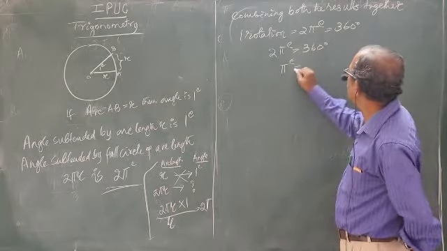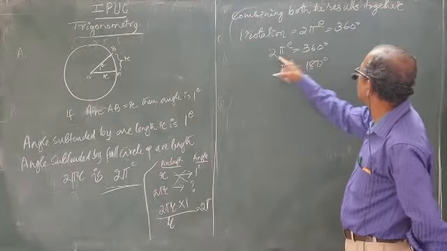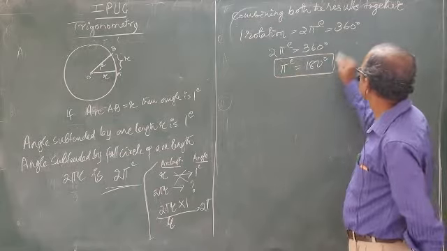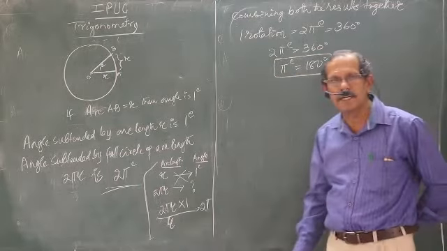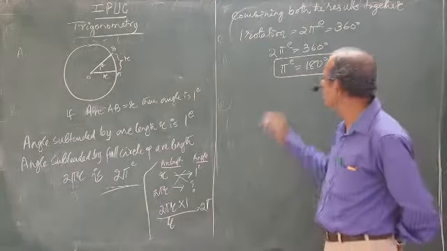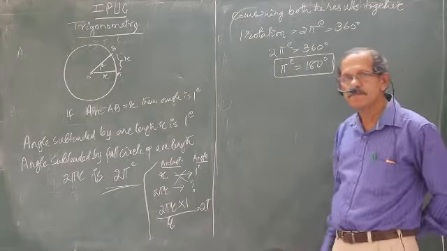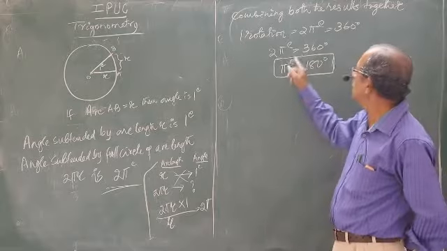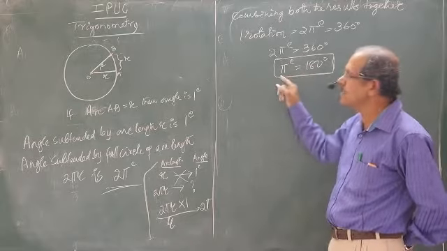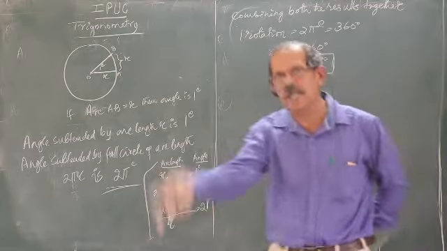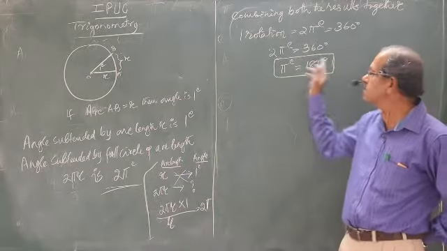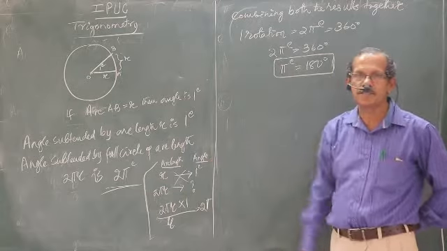Or pi radian equals 180 degree, dividing by 2. This is the first formula in trigonometry: the relation between a radian and a degree. Pi radian equals 180 degree. Now, the problem under this is, given an angle in radian, you must be able to give me degrees, or given the angle in degrees, you must be able to convert it into radians.